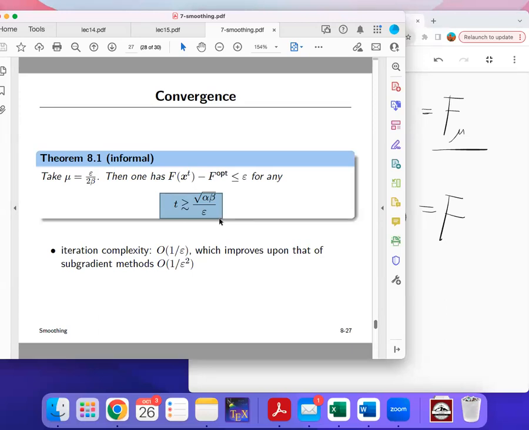Once we run it for these many iterations, we are guaranteed to get an epsilon accurate solution. So roughly speaking, in order to get an epsilon accurate solution of the original problem, we need to run this many iterations of accelerated gradient steps. Therefore, the iteration complexity is basically 1 over epsilon. It's a constant divided by epsilon.